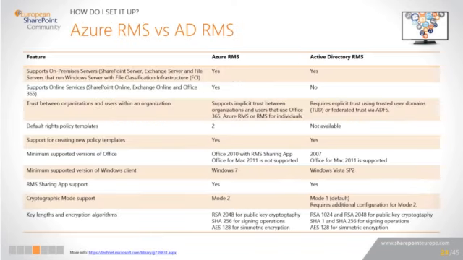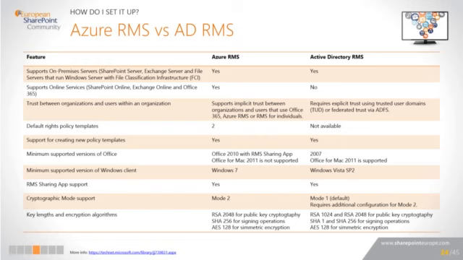For instance, let me just go through it quickly. Azure RMS supports both on-premises and cloud scenarios, but AD RMS only supports on-premises scenarios. If you need to establish trust between two organizations or users within an organization in order to share protected documents between them, both support this, but with a few differences.